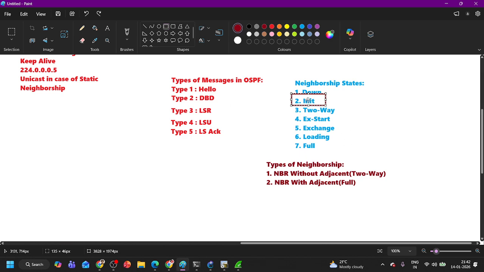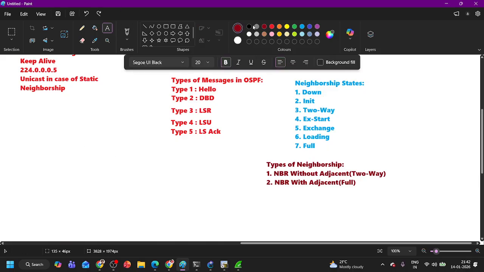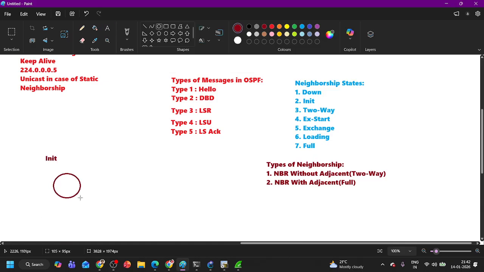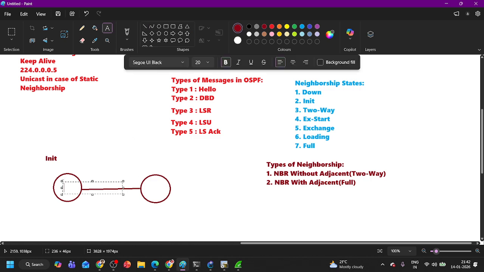Init state is the very first state, the initialization state, where routers start sending hello messages. In init state, router 1 and router 2, both routers are going to send hello messages. And do you know what the information inside the hello message will be?